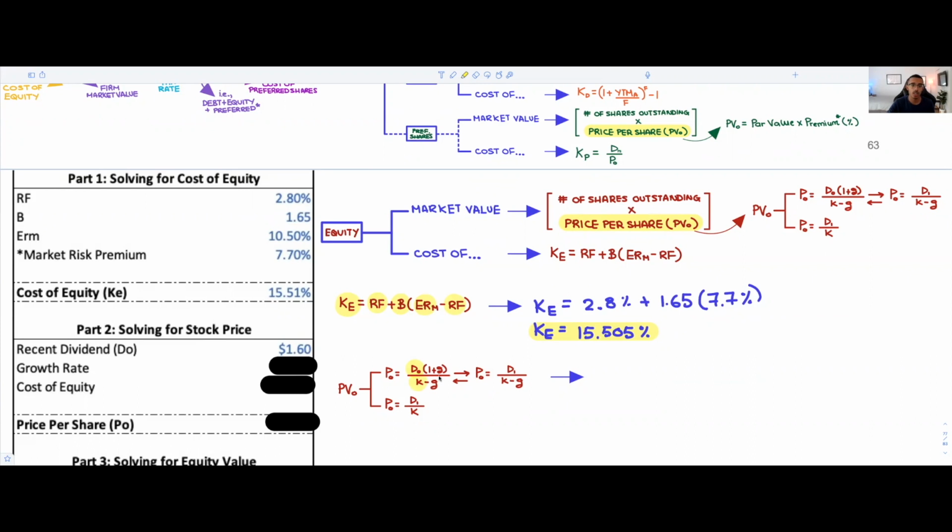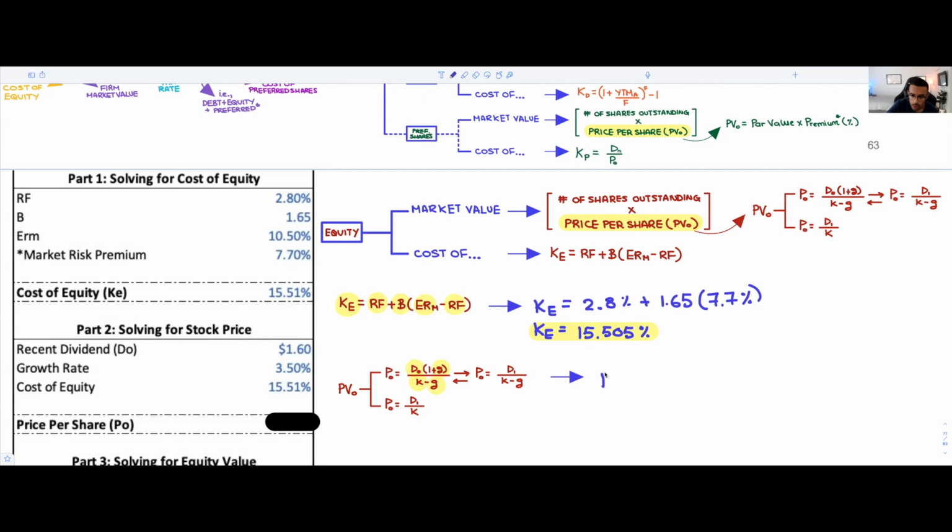In the question, which is 15.505 or 15.51, so up to you, they also gave us our growth rate. And the growth rate here is 3.5%. So that's what we need as well, and we have that. If you read the question, remember how we highlighted things together, it's 3.5%. So now all that we need to do is plug that into our formula.